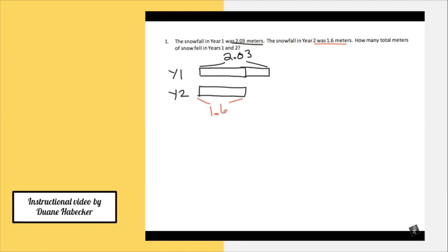So there's our 1.6. And then the question is, how many total meters of snow fell in years 1 and 2? So that's going to be this right here. So what are we going to do? We're going to add 2.03 plus 1.6. And that's where we're going to convert this into a fraction, this into a fraction, get our common denominators, and run with it.